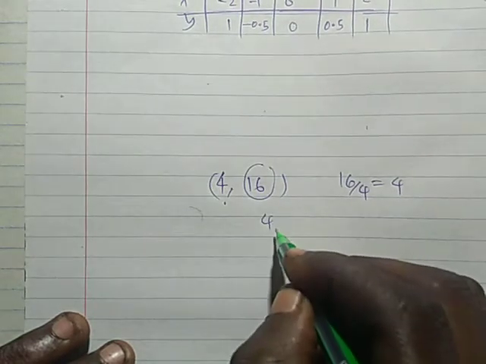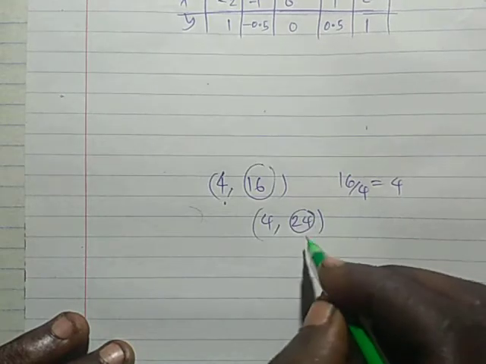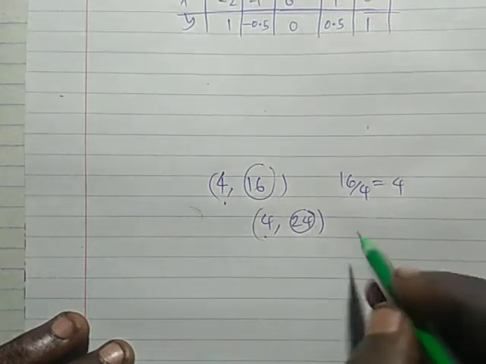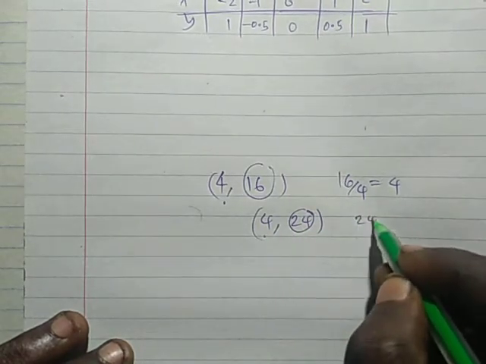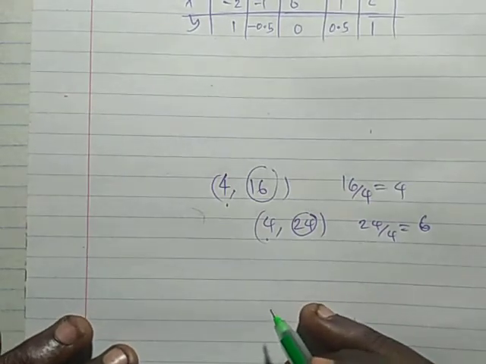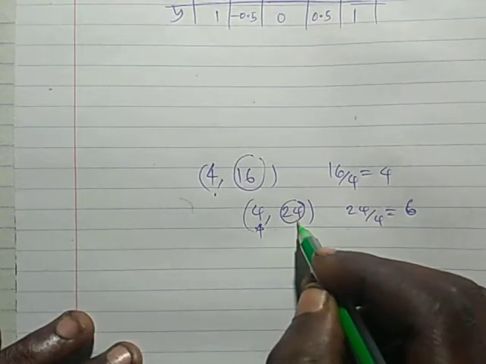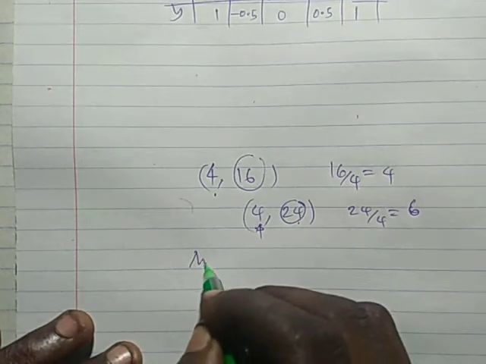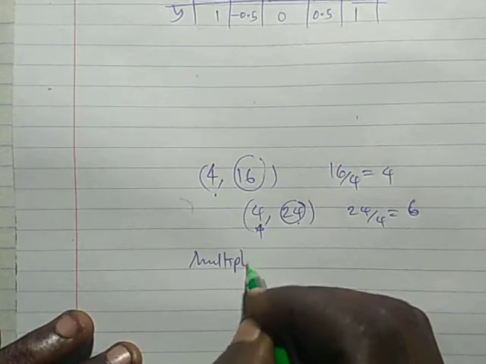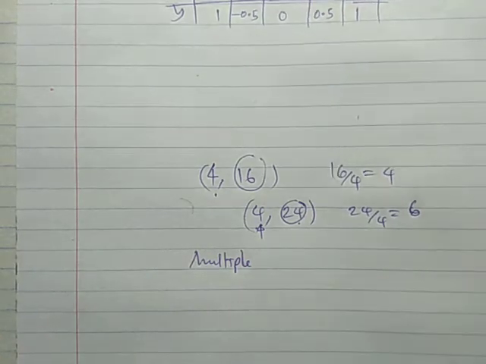Or 4 and, say, 24. 24 is a multiple of 4. Why? Because 24 divided by 4 we get 6, which is a whole number. But 4 we can say is a factor of this one. A multiple is a number which, when we divide it by that other number, we get a whole number.